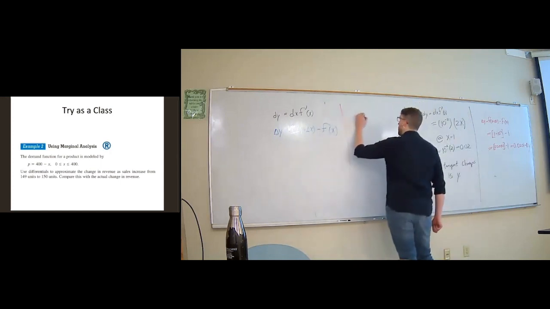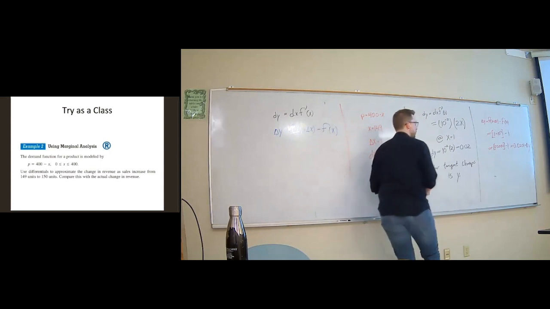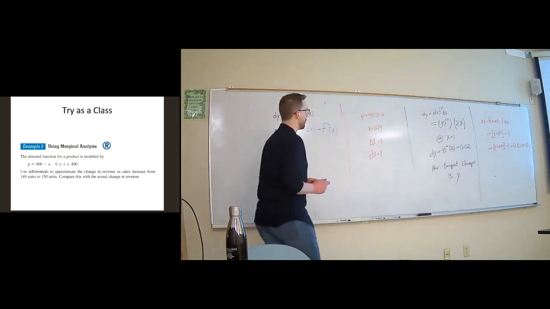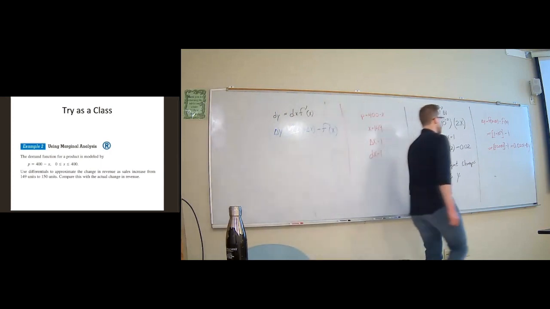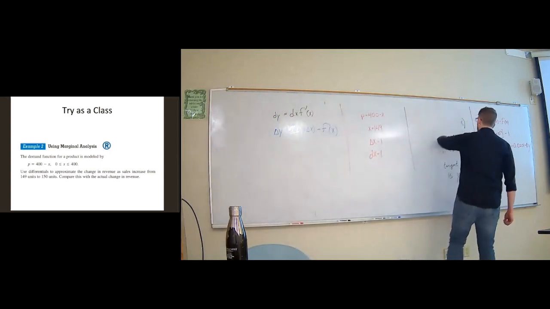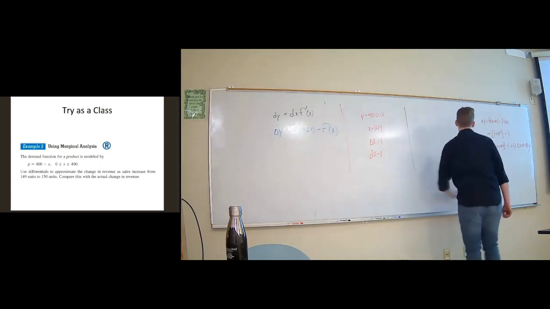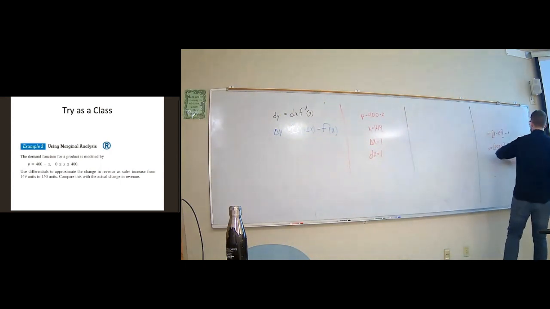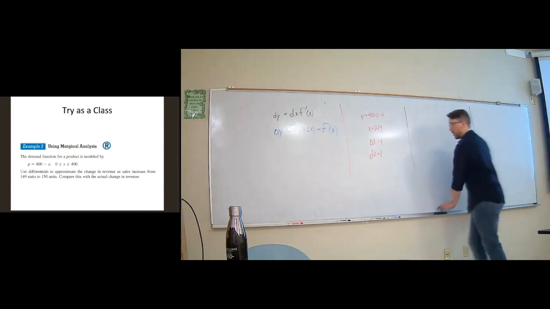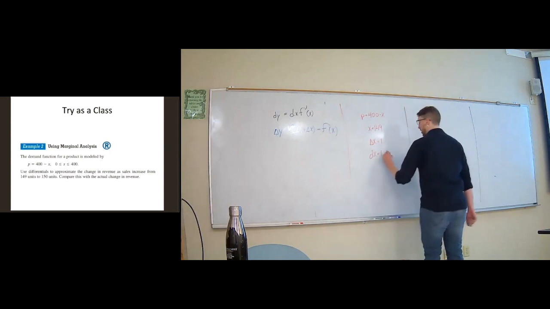So this tells us that P is equal to 400 minus X. X is equal to 149. Delta X is equal to 1. Dx is equal to 1. Now the question you should be asking yourself is, where did I get that 1 from? Well, that's just 150 minus 149, right?